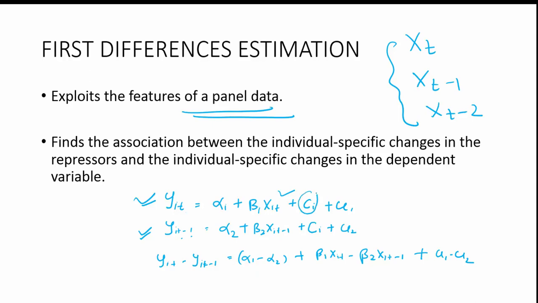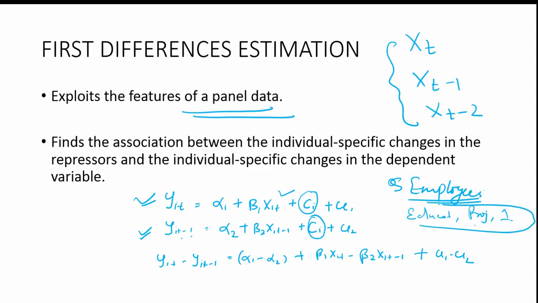Ci is an individual effect. Okay, individual effect as in the effect that is purely for different individuals. In this example, we have got the data for the employees, right? Apart from the three variables, there are other things about a particular employee that also matter, right?